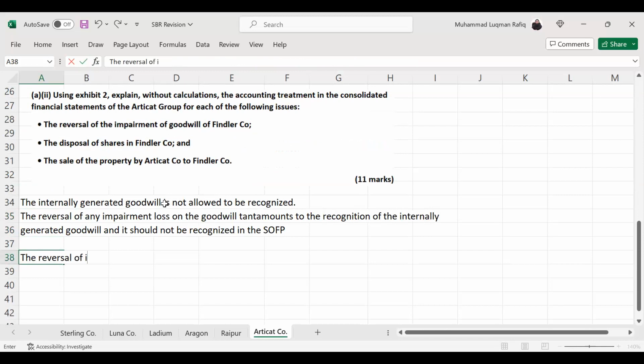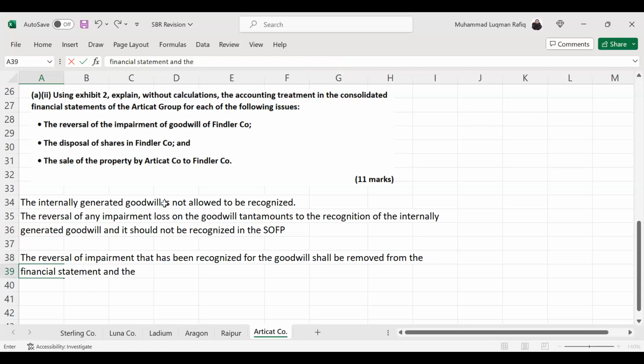The reversal of impairment that has been recognized for the goodwill shall be removed from the financial statements, and the goodwill shall continue to be recognized at the amount before the reversal of impairment was recognized.